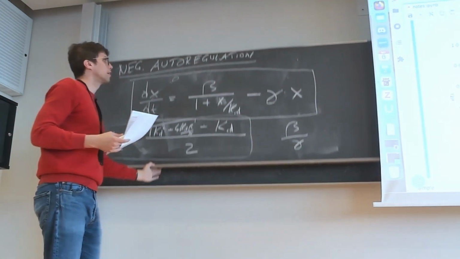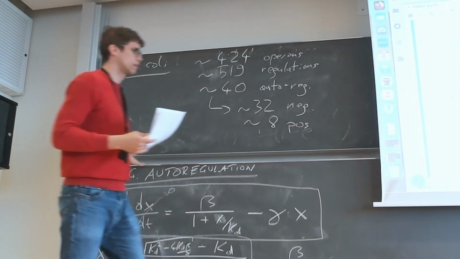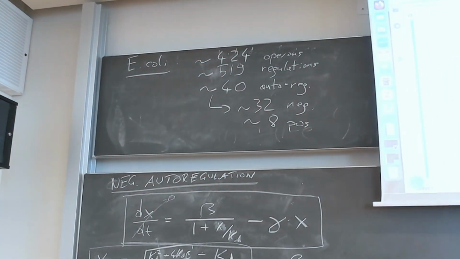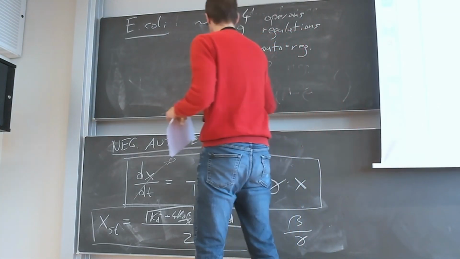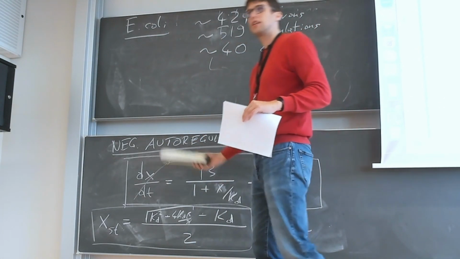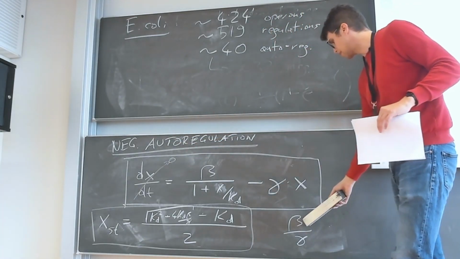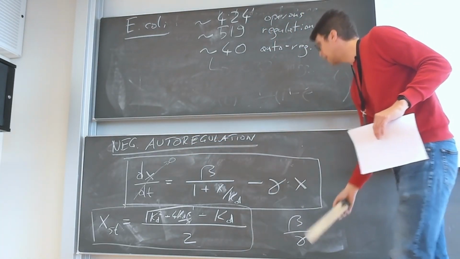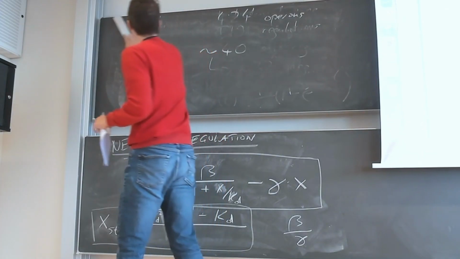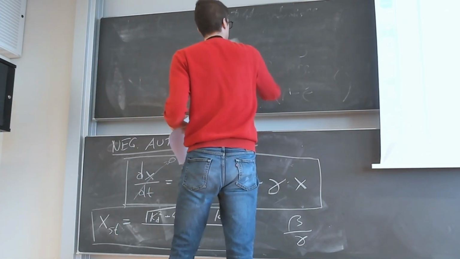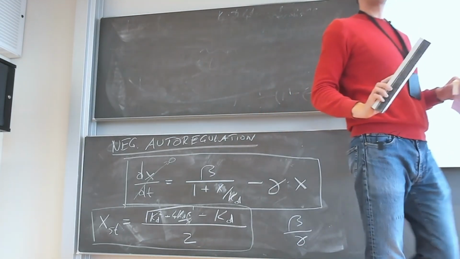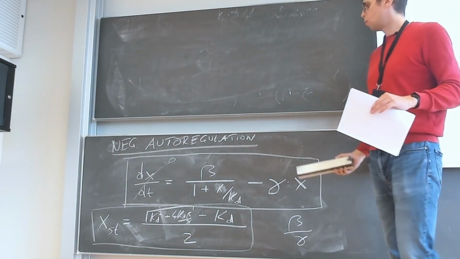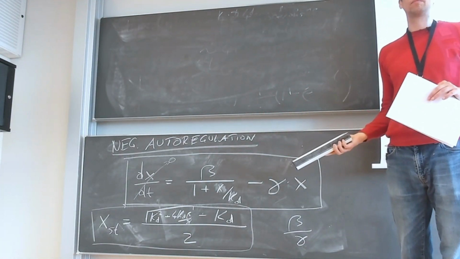And it turns out that one interesting regime that we have to analyze this is the regime where this autoregulation is strong. So where this steady state is much lower than just the basal steady state beta over gamma. And this is interesting because it will turn out again that having strong negative autoregulation will speed up your system.